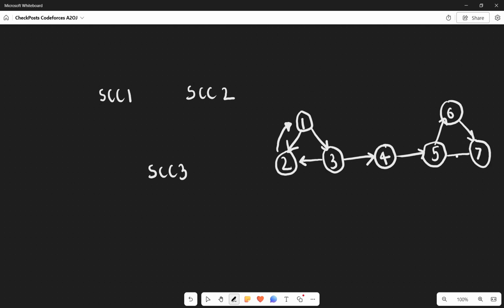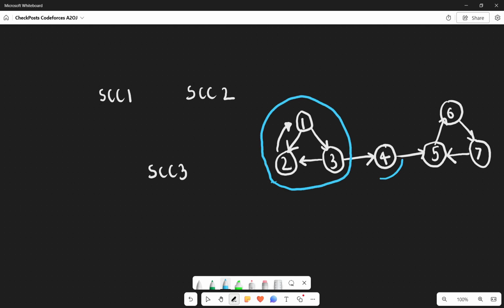Okay, makes sense. So in this graph, how many connected components are there? This one, this one, and this one, right? So there are three connected components, or strongly connected components, I would say, which is 3.